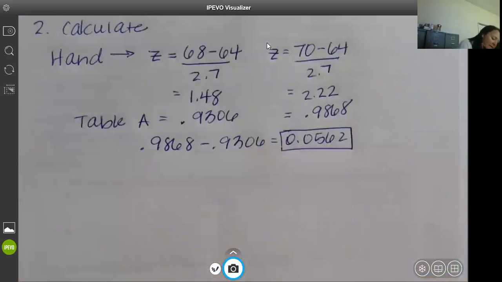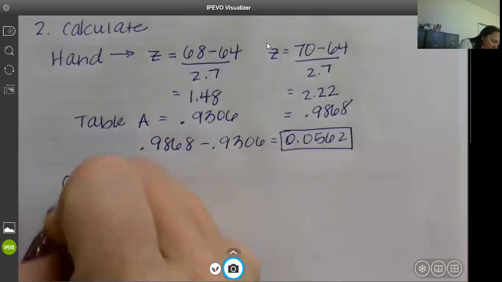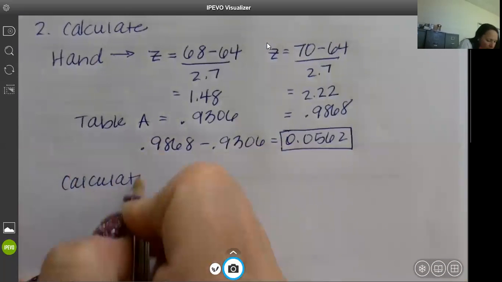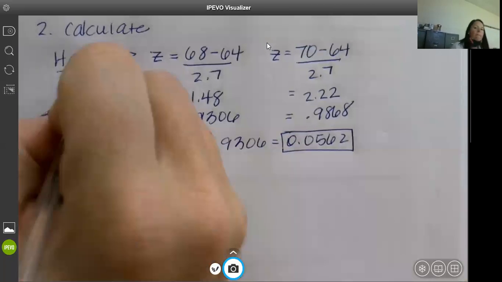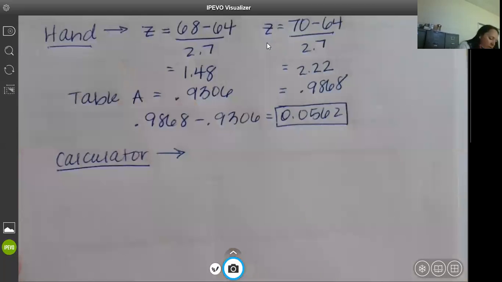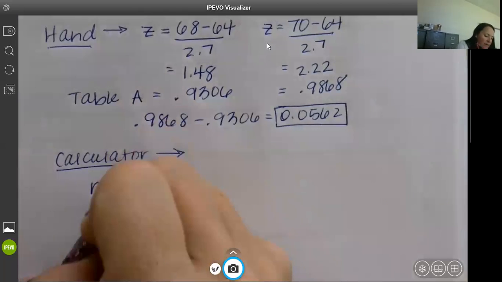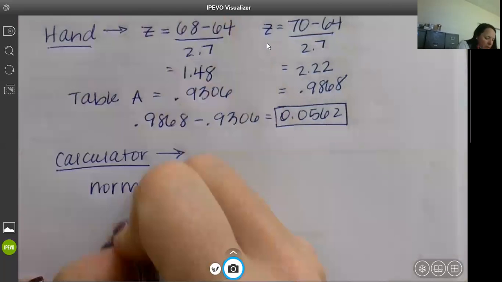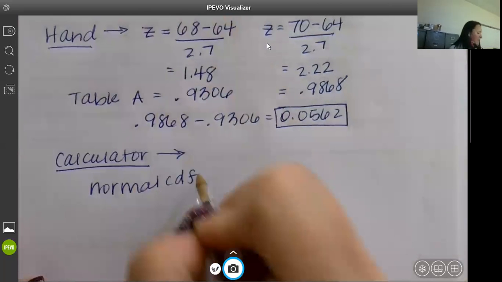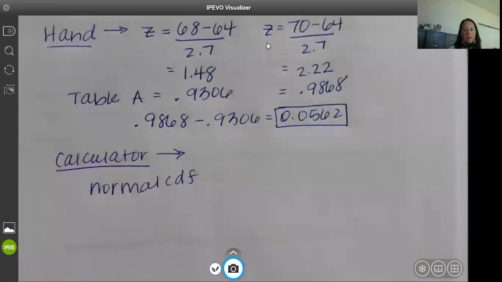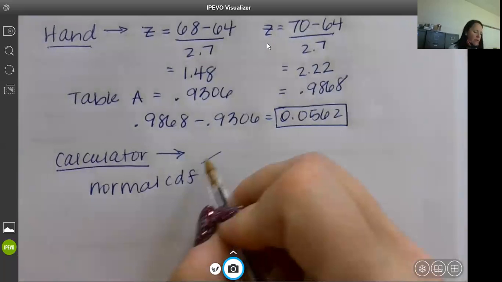If I do it in the calculator, we did the n because we said normal. It's going to be CDF. So where do we find that in the calculator?